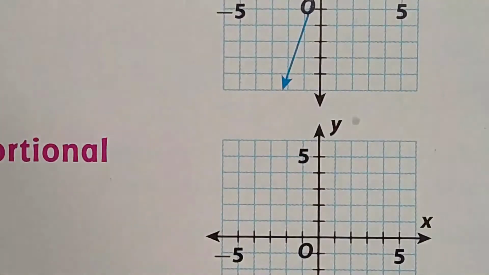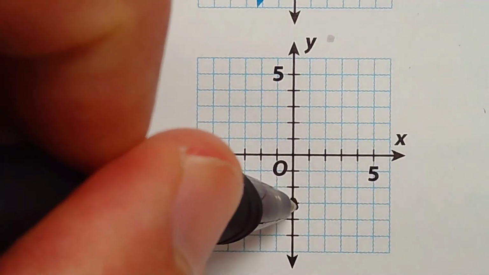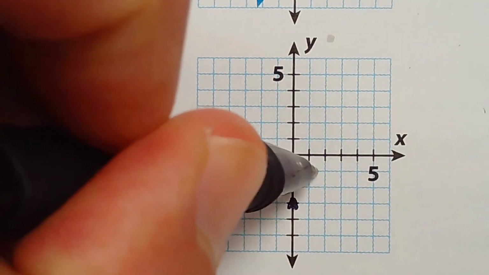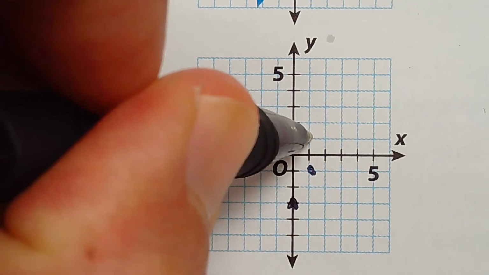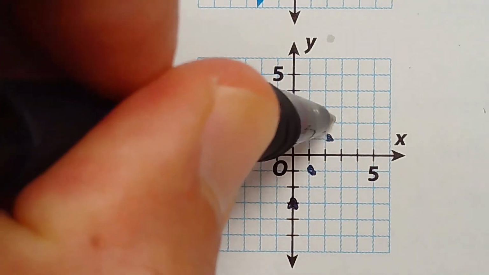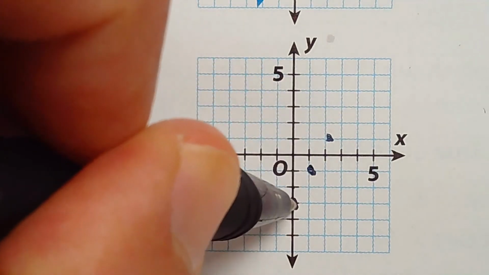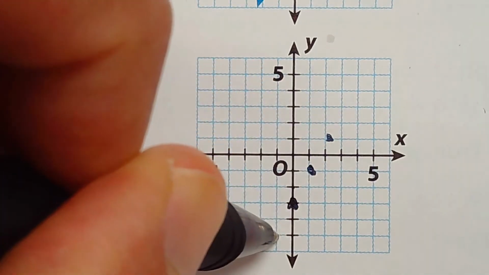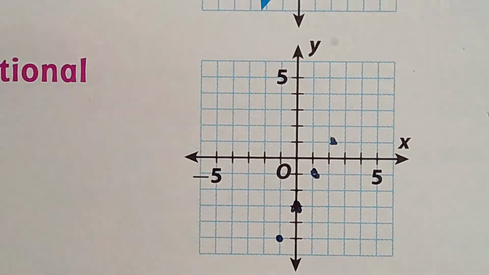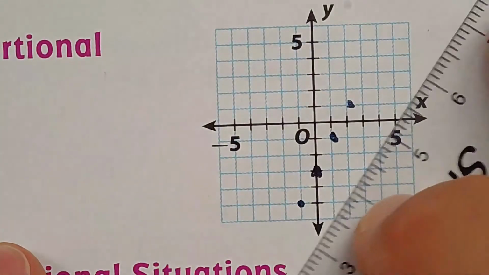I'll bring it in tighter. I'll go up 2 and to the right 1. And I can keep doing that, up 2 and to the right 1. That just keeps that whole thing going. I can also go down 2 and back 1. And then here, I can just draw my line.